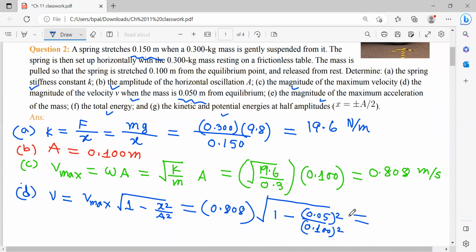If you plug these in your calculator, you should get the velocity equal to 0.700 meter per second. So the velocity at a displacement of 0.05 meter is 0.700 meter per second.